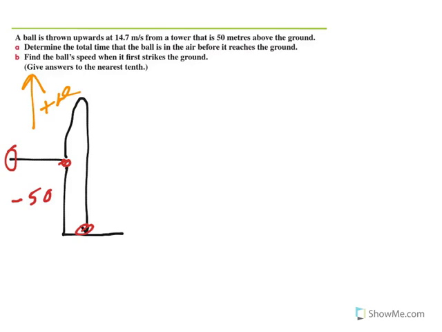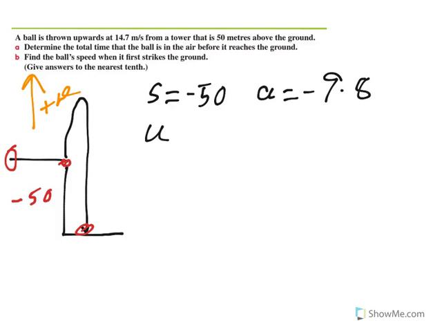Alright, so what have we got? The displacement s is negative 50. The acceleration is due to gravity, negative 9.8. And our initial speed this time is 14.7 upwards, so that's plus 14.7. What are we after? Time.